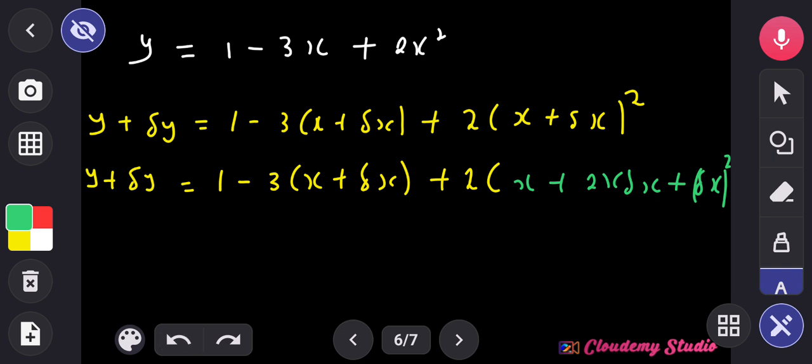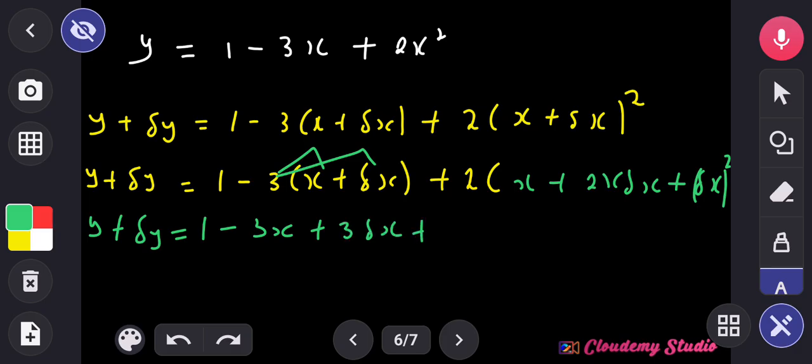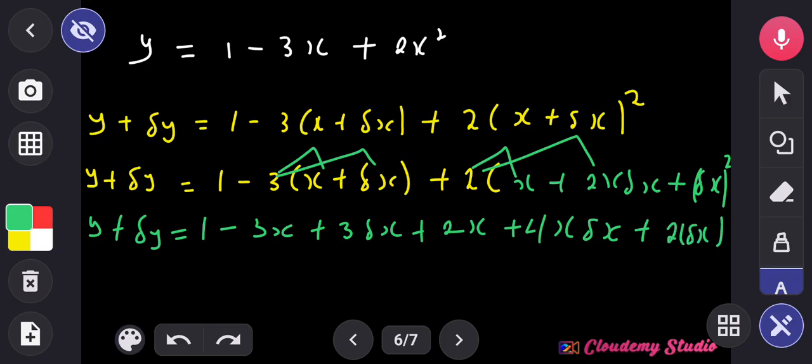So we're going to have y plus delta y equals 1 minus 3 times x, which gives us 3x, plus 3 times delta x gives us 3 delta x, plus 2 times x squared gives us 2x squared, plus 2 times 2x delta x gives us 4x delta x, plus 2 delta x squared.